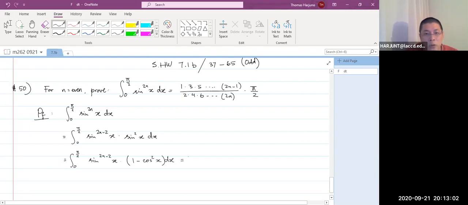Which is equal to integral from 0 to pi over 2 of sine to the 2n minus 2x dx minus integral from 0 to pi over 2 of sine 2n minus 2 x cosine squared x dx.